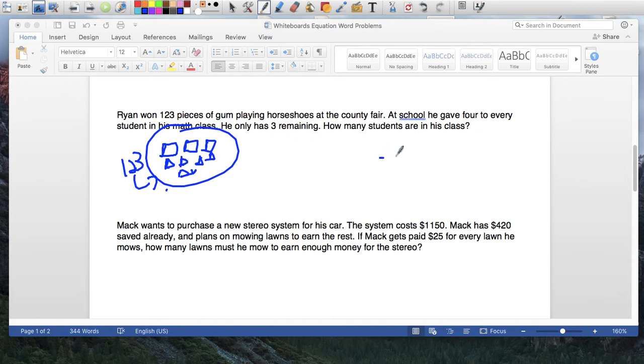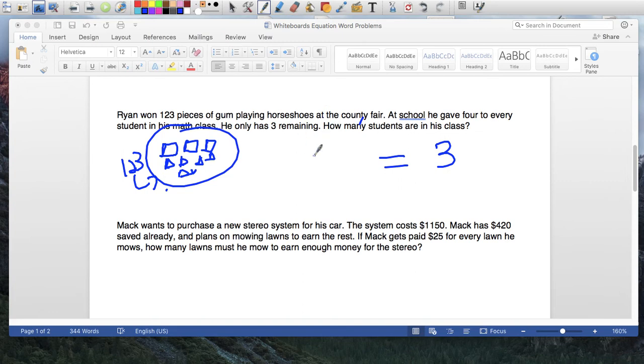Oh my God. So, what did he do to his gum? He gave 4 to every student. This is how much he has left over.